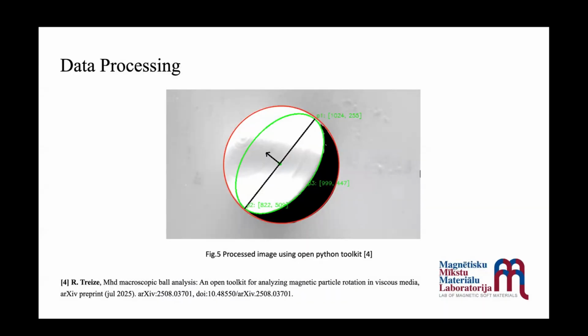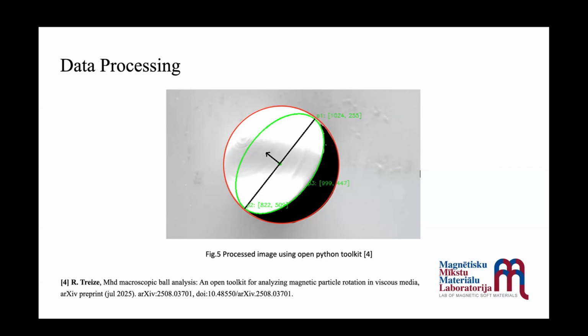So for data processing, we used a Python algorithm, which captures the ball's images and takes from its geometry, where the ball is manufactured with one side white and the other side black, which ensures that we can observe its three-dimensional magnetical moment offset from the XY plane, thanks to the black side creating an ellipse.